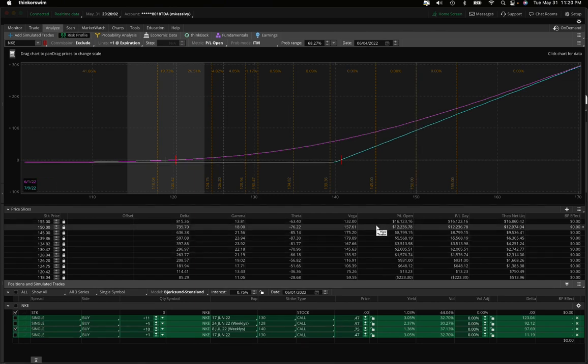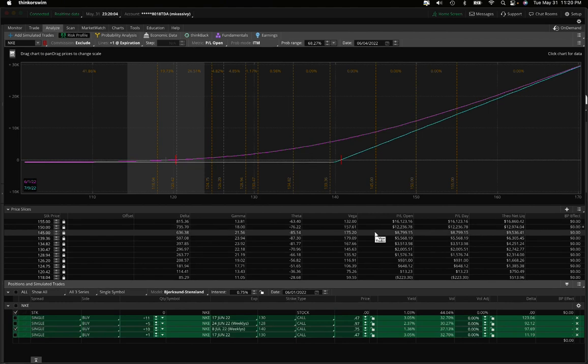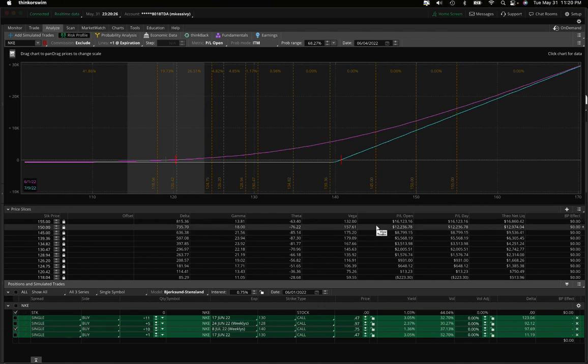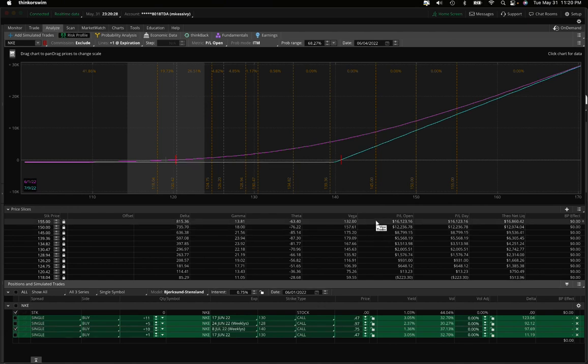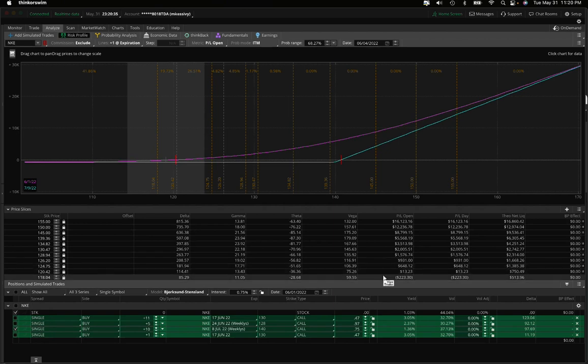At 150 or 145, those 10 contracts here, because it's the only one that's checked, 10 contracts of the July 8th 140 call will have accumulated to $8,700. So you spent $750 and now you're at $8,800. At 150, you're at 12,000. At 155, you're at 16,000. That's pretty amazing.